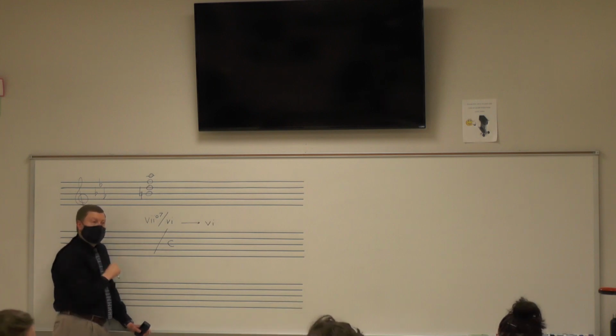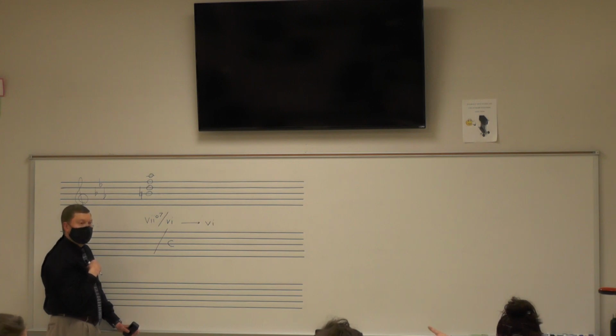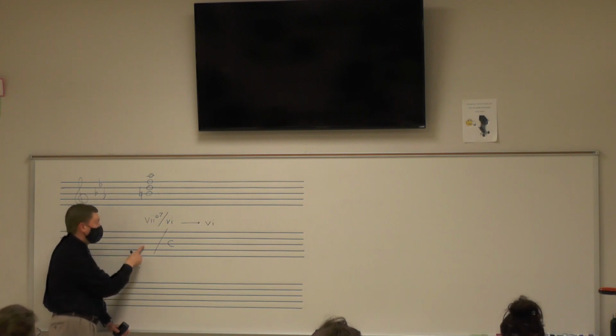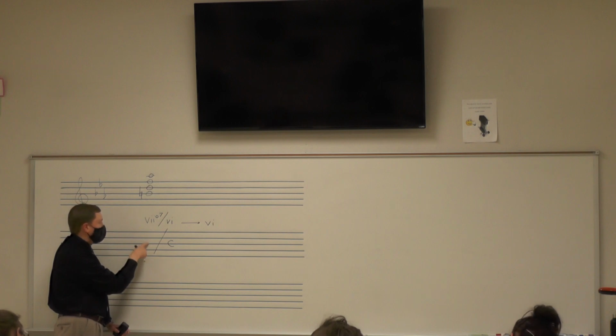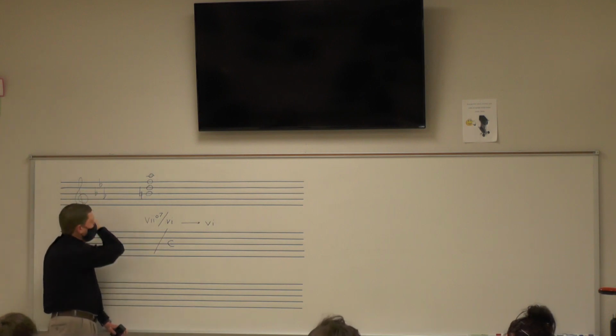Yeah, so if I saw it's in the key of C and then I go down, which is B, and then I look at what the key of C is, B natural, right? Yeah, that should work. But remember, you need to use whatever accidental is necessary to make this exactly a minor step below this. This pitch has nothing to do with it. It doesn't matter what key you're in.